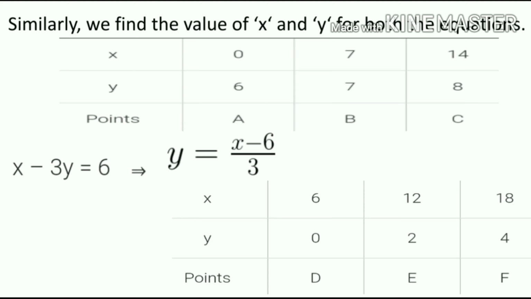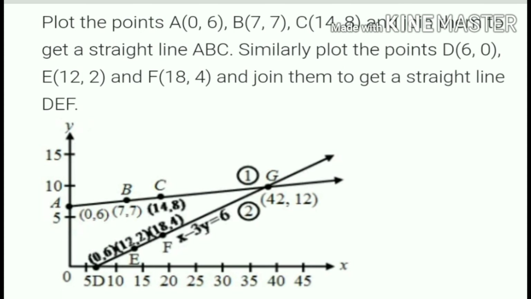You already know because you have already studied it in class 9. So see here, we have represented all the points whatever we have found by the solution of the pair of linear equations in two variables. We plot the points, and we have got the lines ABC and DEF. These are the two straight lines.